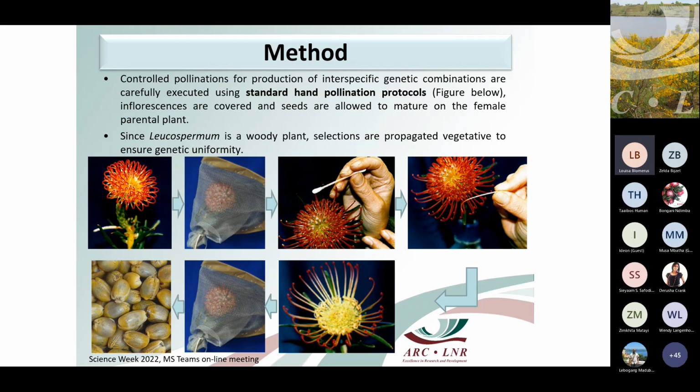Then you remove all the flowers that you did not pollinate yourself. And you cover it again with the gauze bags to prevent bugs and things from reaching your flowers, but also to be able to collect your seeds. Because when Leucospermum seeds are ripe, they fall to the ground and get distributed by ants. So you need to catch your seed.